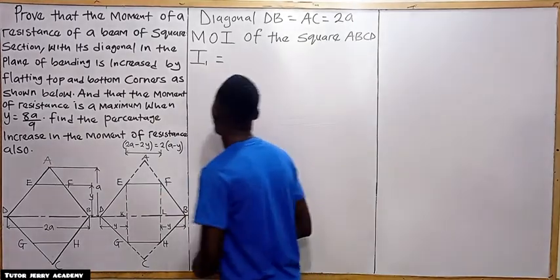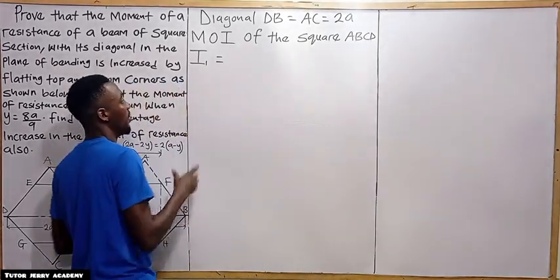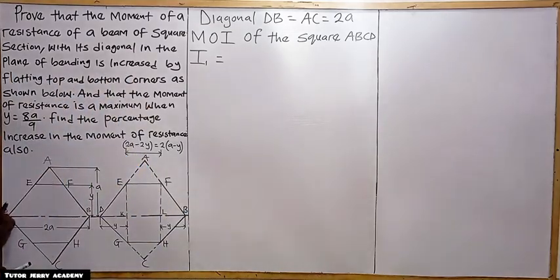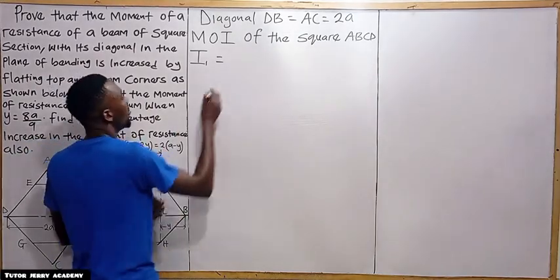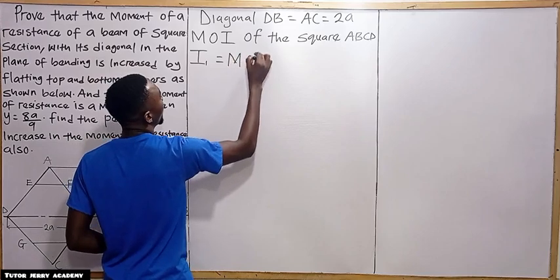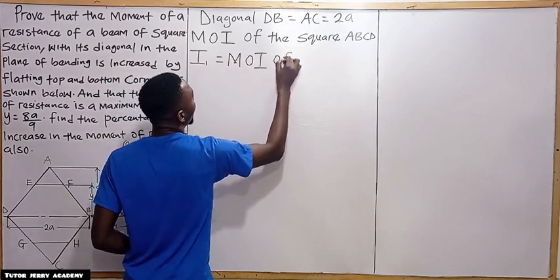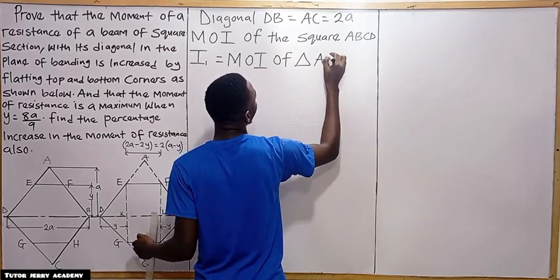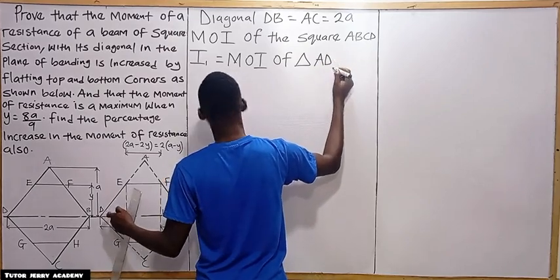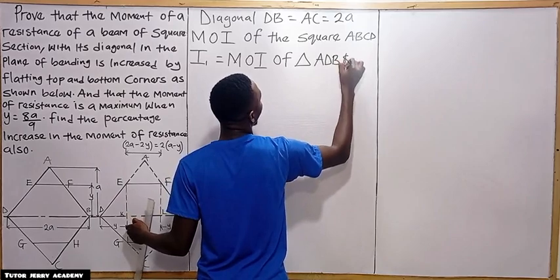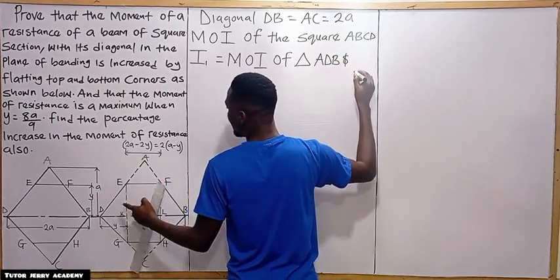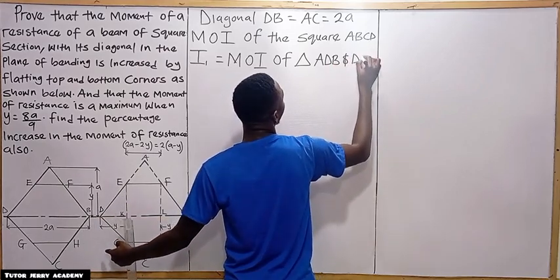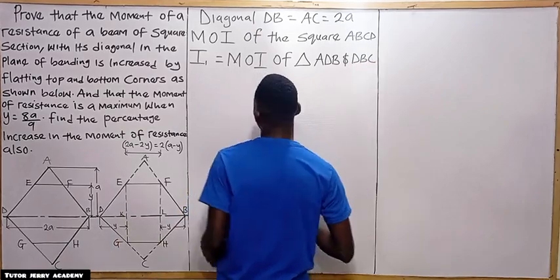So the moment of inertia here is going to be the moment of inertia of triangle ADB plus that of triangle DBC.